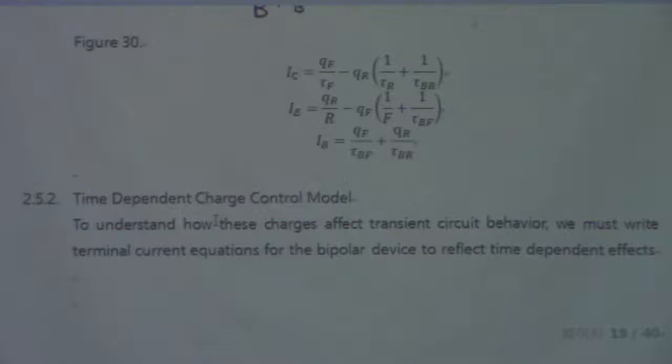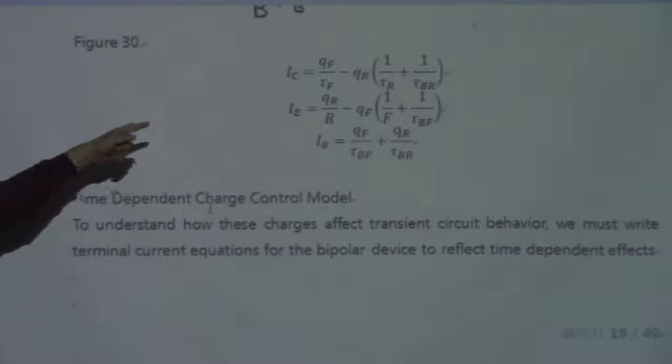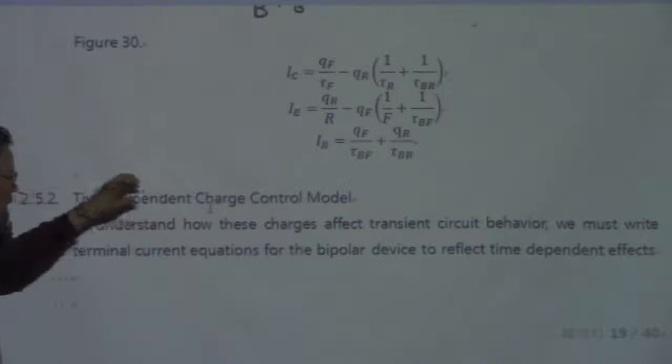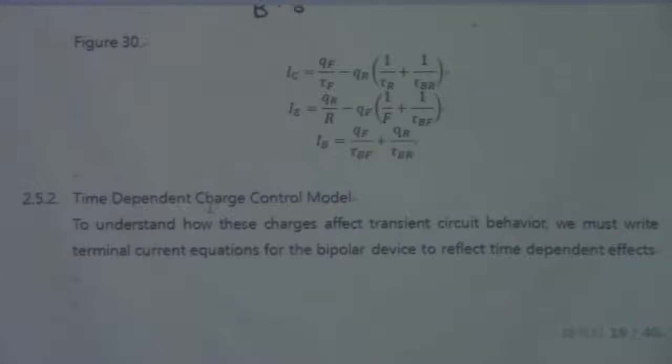Now, with this DC model, we have to think about another one, which is the charges dependent on the voltages. Time-dependent charge has to be added to these DC steady-state charges. This time-dependent charge is related to the minority carrier diffusion capacitance and the space charge capacitance that we discussed a minute ago, right?